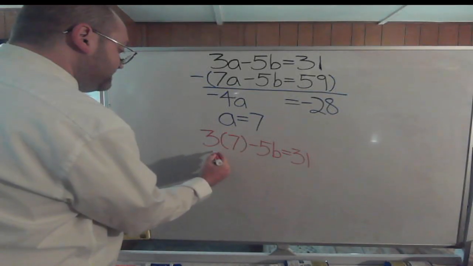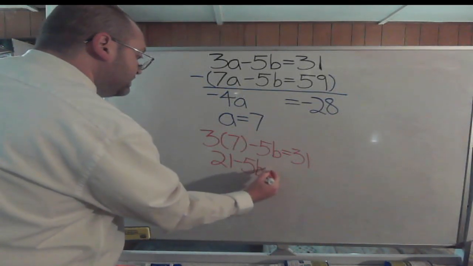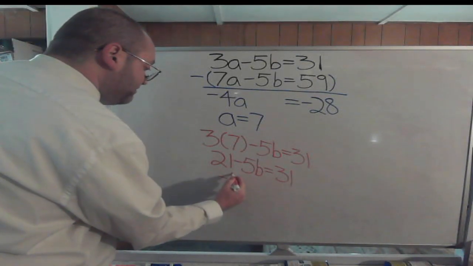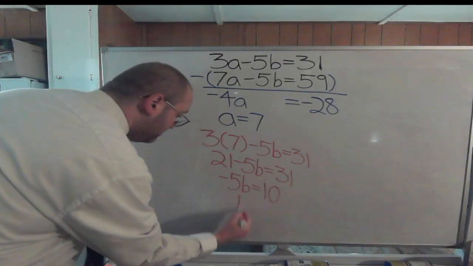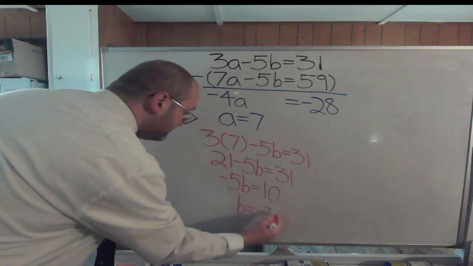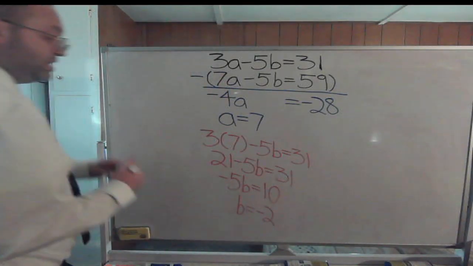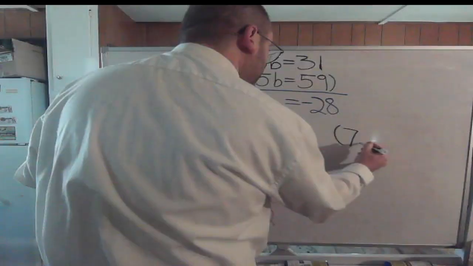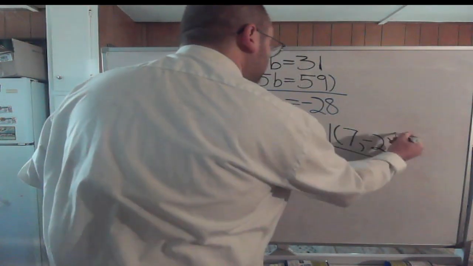Well, 3 times 7, that's 21, minus 5b, that would equal 31, which means negative 5b equals 10. So then b would equal negative 2. So the b coordinate's going to be negative 2. So your solution to this is the ordered pair 7, negative 2. That's exactly what you should see, 7, negative 2.